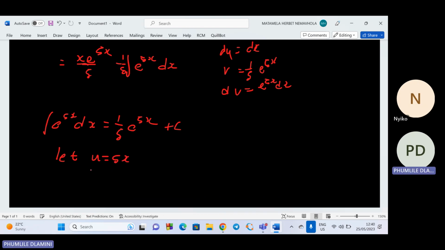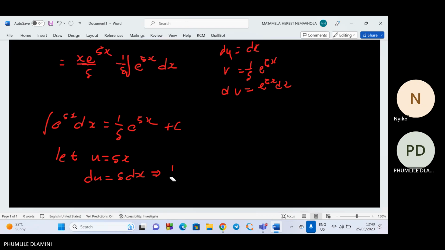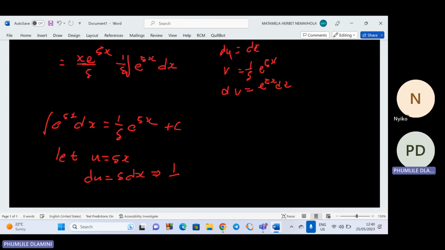Then if I differentiate, du is equal to 5 dx, which implies that 1 over 5 du is equal to dx.